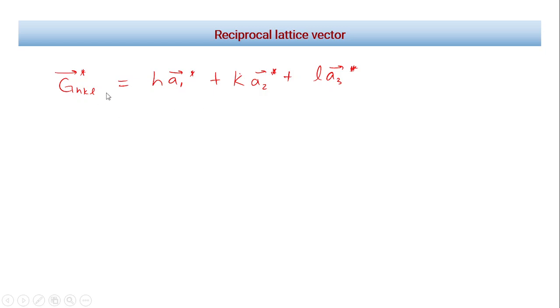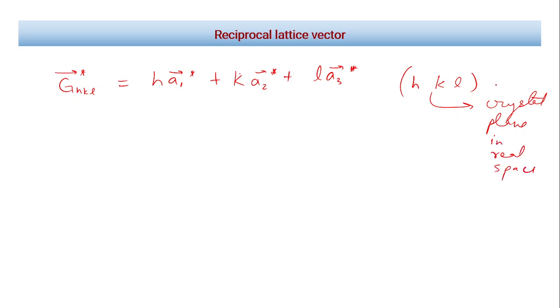In the reciprocal lattice vector, these h, k, l are not random numbers. They are integers, of course, but they are related to some crystal plane in real space or direct space. So that hkl is what is giving this reciprocal lattice vector its expression.